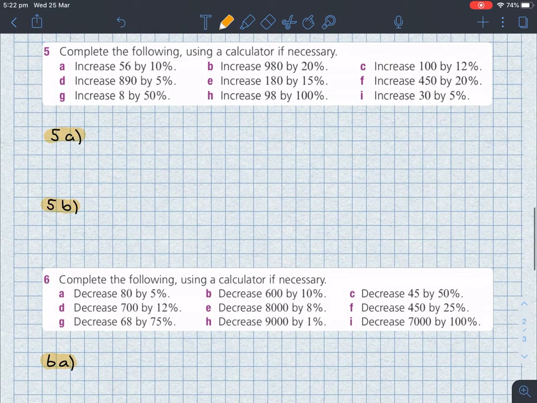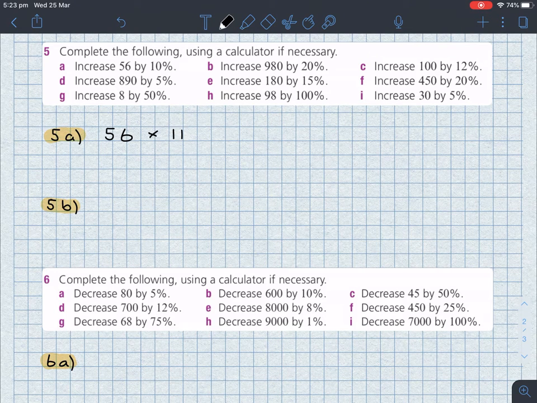So, question 5. I'm going to show you part A and B. So, A says, increase 56 by 10%. So, here's where we actually use this. So, if I am increasing 56 by 10%, I'm going to take that amount, that 56, and I'm going to multiply. Now, 10% increase means we plus that onto 100.